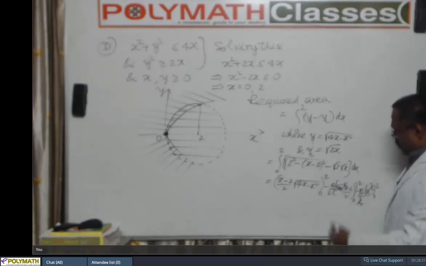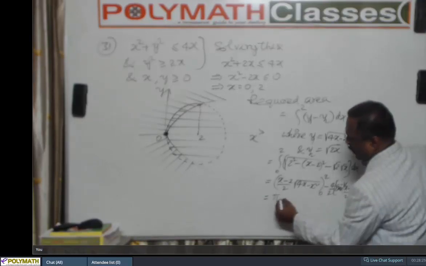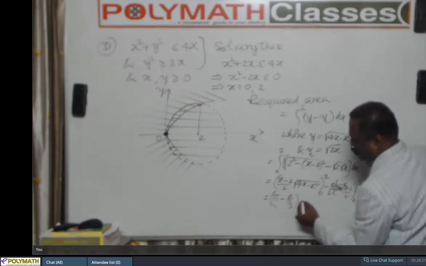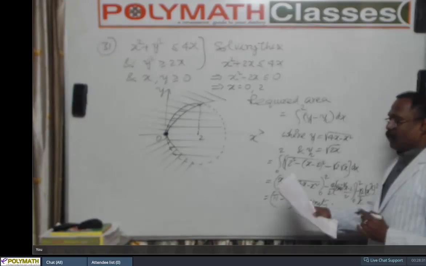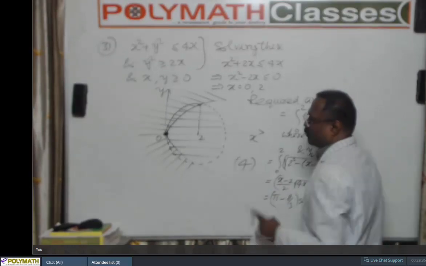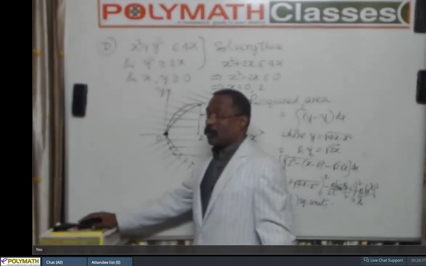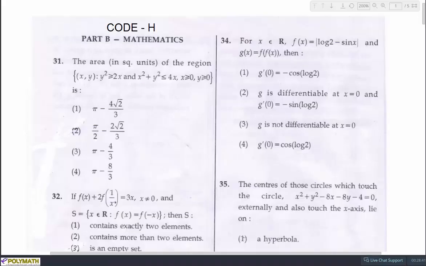And if you simplify this, you will be getting the answer as pi minus 8 by 3 square units, which is option number 4 here. Let us see the option number 4 in this case. You can see this is option number 4, pi minus 8 by 3.